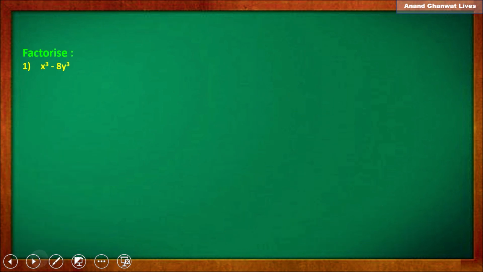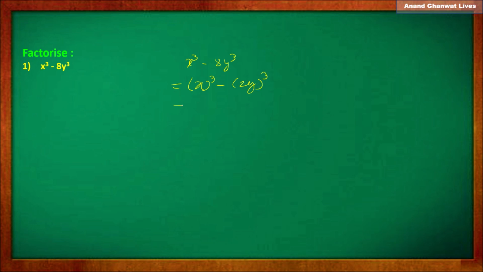Next examples. First example, x cube minus 8y cube. So the cube of x minus the cube of 2y. Now the factors of a cube minus b cube are a minus b into bracket a square plus ab plus b square. Similarly, x minus 2y into another bracket, the square of x plus x into 2y and plus the square of y.